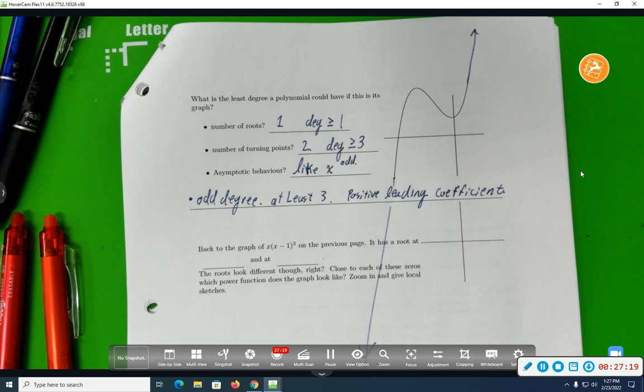All that makes sense? So you can read off some things about what type of polynomial that might be just by looking at the graph.